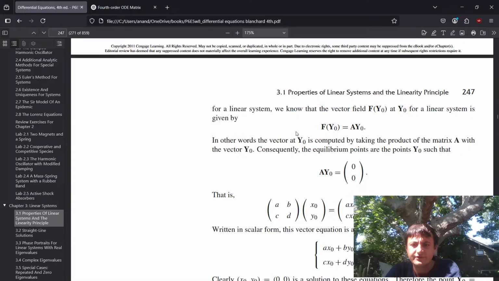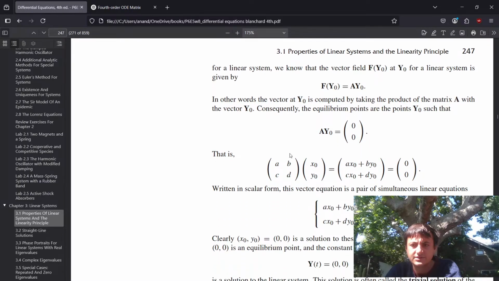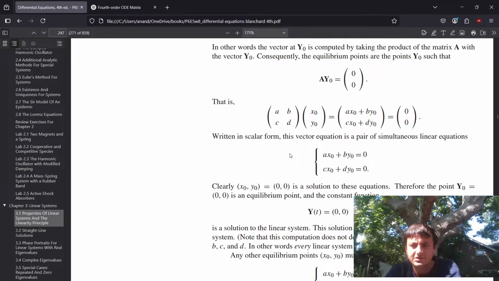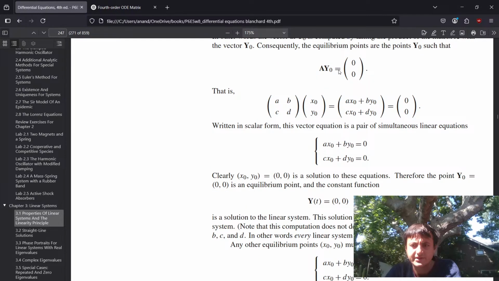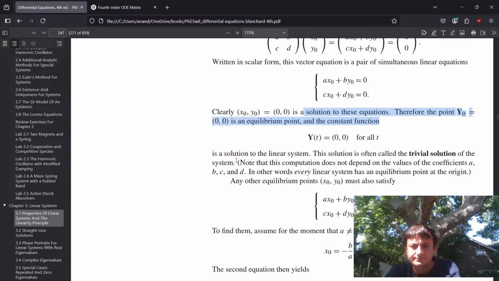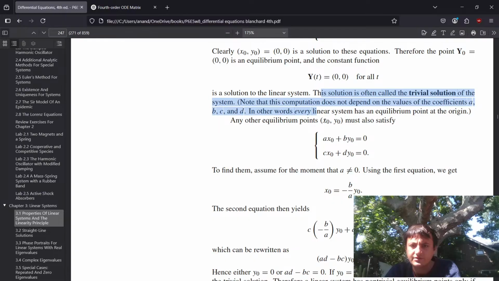First off, you're always going to get 0, 0 as an equilibrium point. But also all solutions to the homogeneous linear equation. That's the trivial solution. Okay, but then you can solve the system of linear equations.